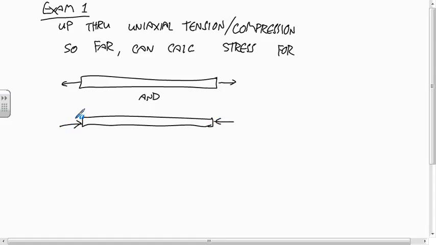The stress is uniform all the way along this, except that we don't know what's happening near the end here and near the end here. But everywhere else, the stress is uniform.